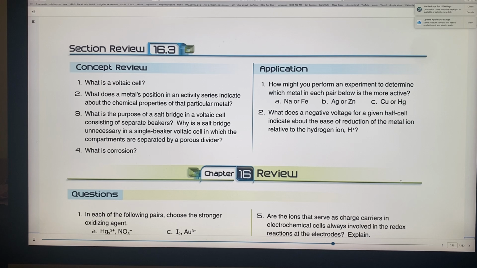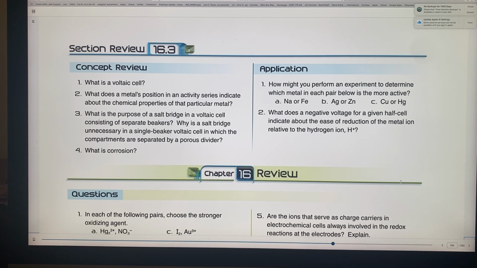The next question says, what does a metal's position in an activity series indicate about the chemical properties of that particular metal? Well, some metals, of course, are more negative or less positive, and those are very active, as they want to convert quickly.